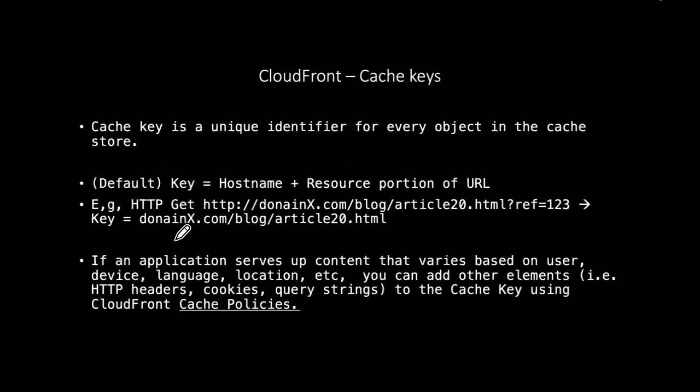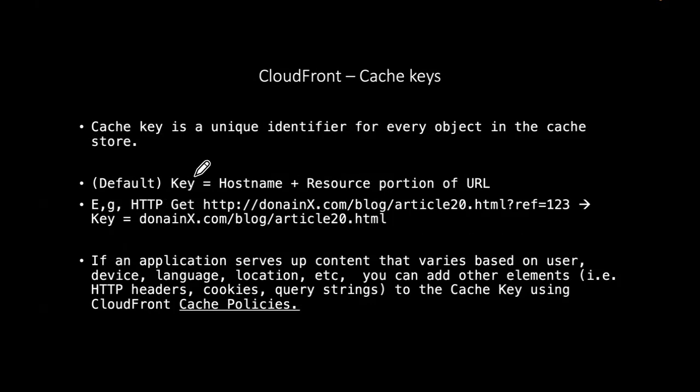Okay, the cache keys. I was jumping ahead there. We know what the role of the cache key is. It uniquely identifies a particular item in the cache, where the item in our case would relate to one particular file, be it an HTML file or a CSS file or a JavaScript file or an image file.